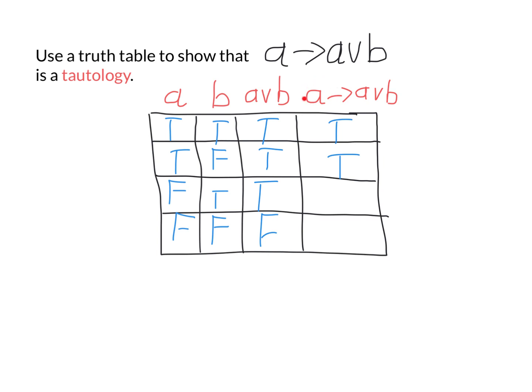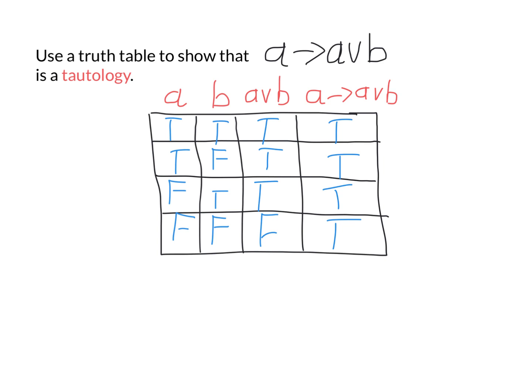Now notice if the first thing is false, then the implication must be true. As I said, the only way an implication can be false is if the first thing is true but the second is false. So since A is false in those 2 cases, our final statement must be true. This is a tautology, it's always true, and that makes sense. If A is true, then certainly A or B is true because A or B only requires that one of them is true.